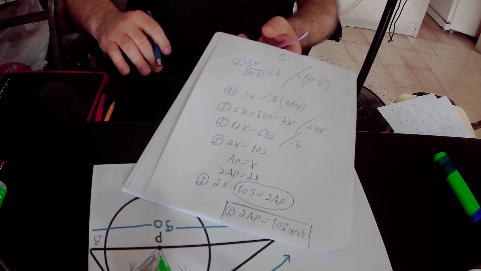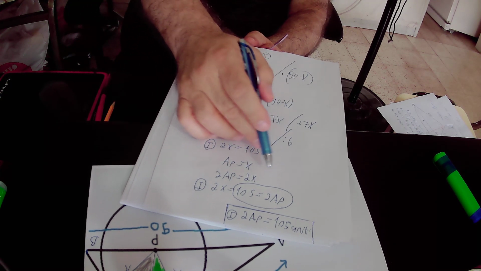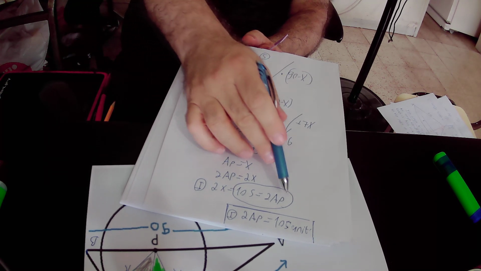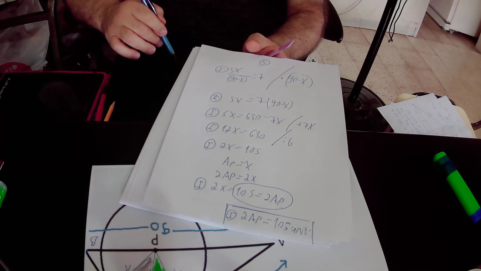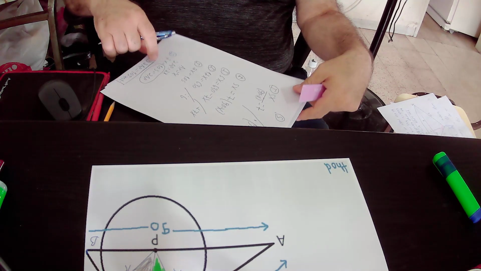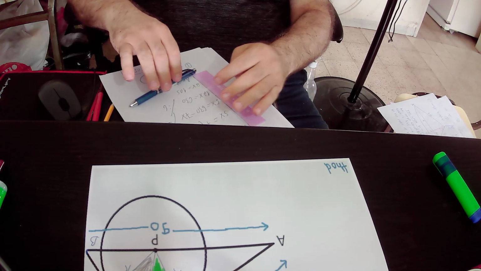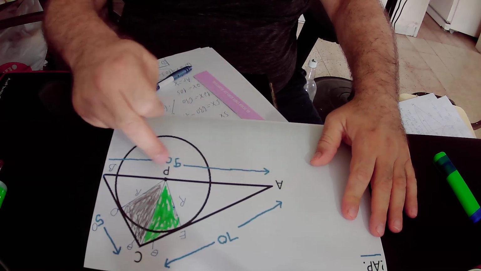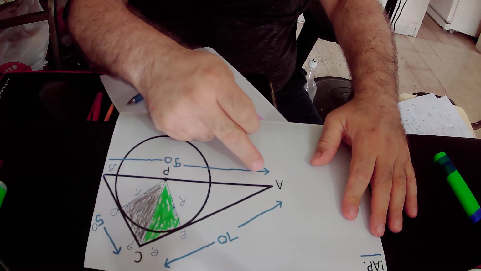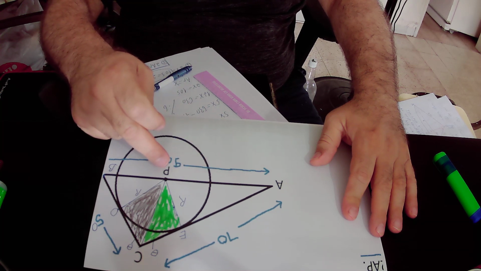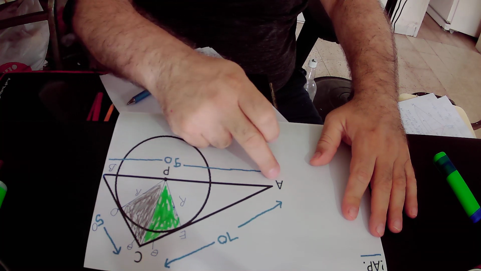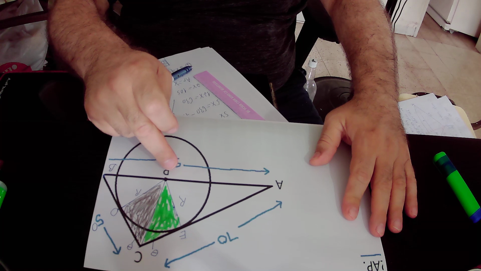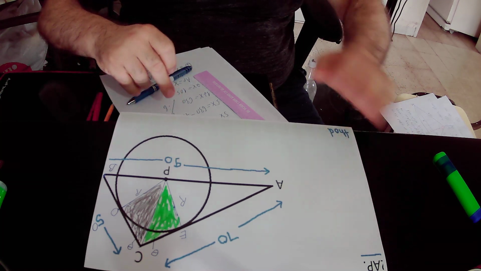Okay, from here we got that 2 times AP equals 105 units, and actually this is the answer to our question. The value of 2 times AP is 105 units, so the size of 2 times AP is 105 units.